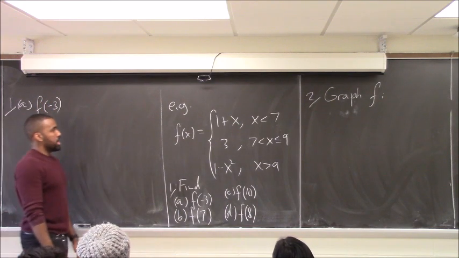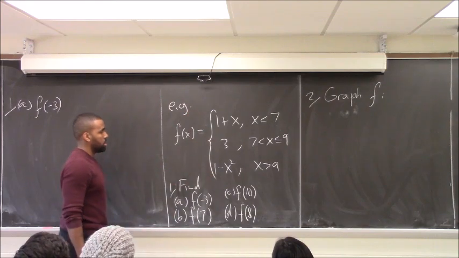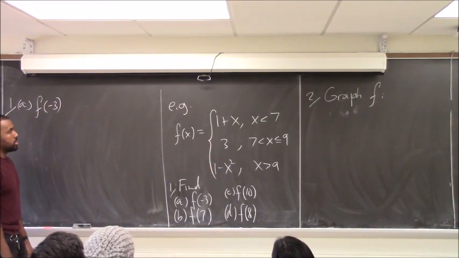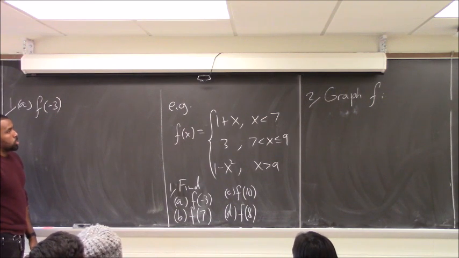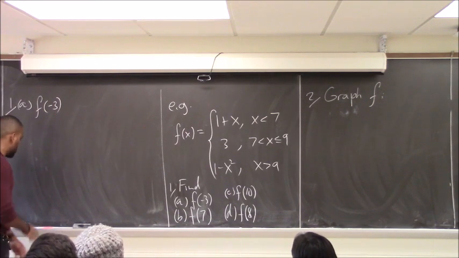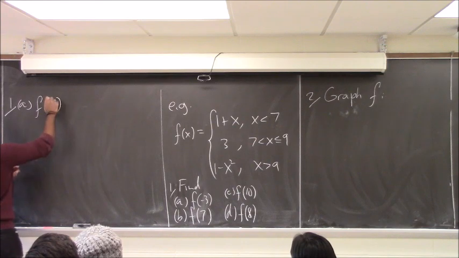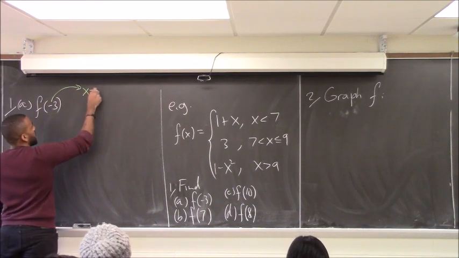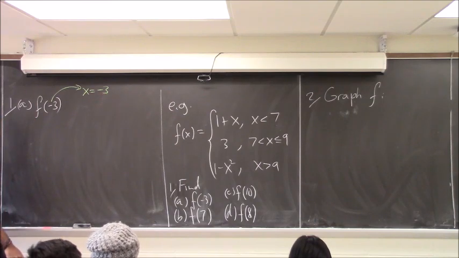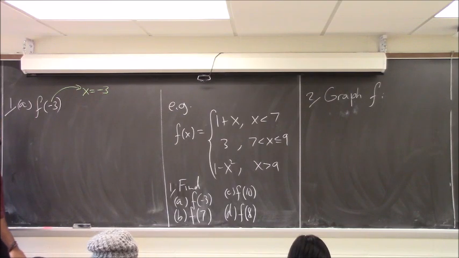How do I find f of minus 3? So first you notice that your x is minus 3. So basically you're going to look for what region makes this true.